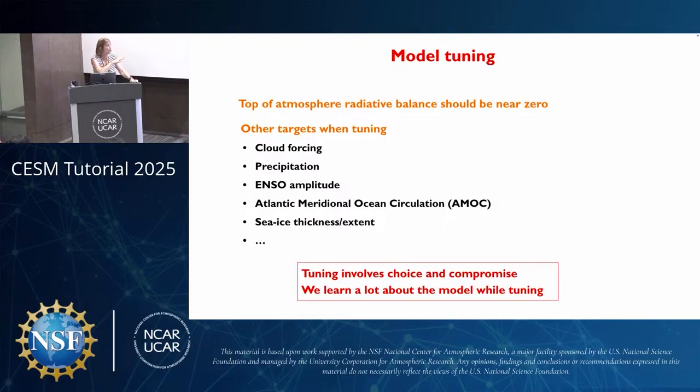When you do the tuning, you will always have choices and compromises. Usually when you make something better, it makes something else worse. But the good thing about model tuning is that we learn a lot about the model while doing it. And the good news is that overall, the tuning itself has little impact on the skill of the model.